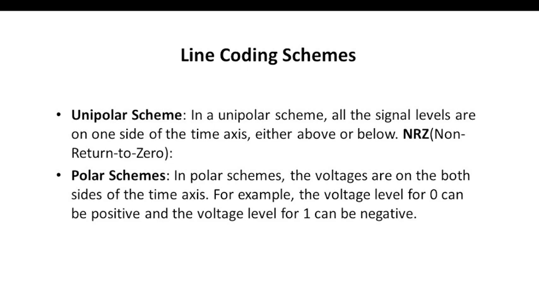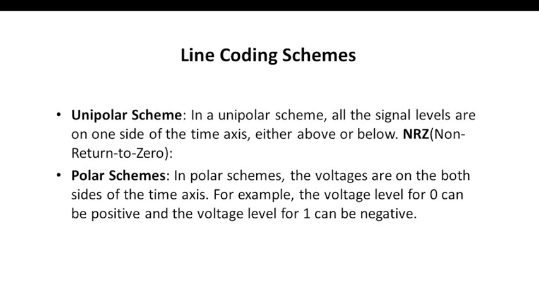Traditionally, a unipolar scheme was designed as an NRZ scheme in which the positive voltage defines bit 1, zero voltage defines bit 0. It is called NRZ because the signal does not return to 0 in the middle of the bit.